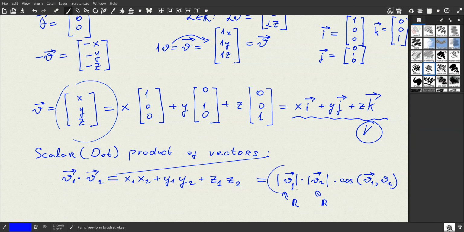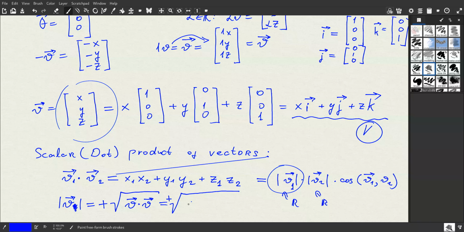Okay, first of all, what is the absolute value of the vector? The absolute value of the vector V is the positive square root of this vector multiplied by itself, V times V, which is immediately the positive square root of x squared plus y squared plus z squared.